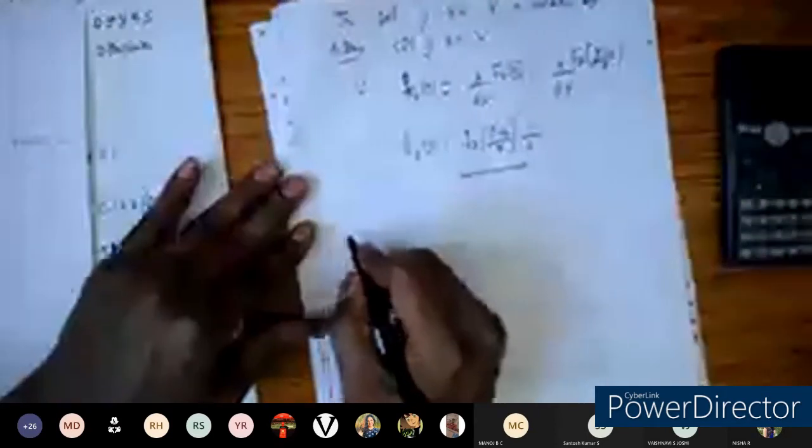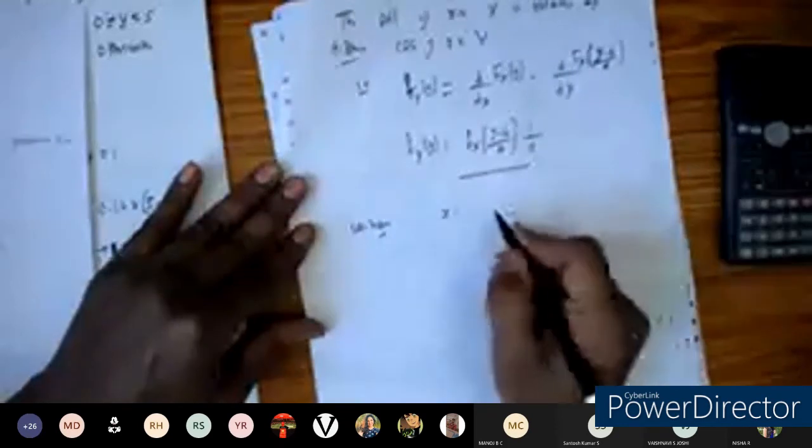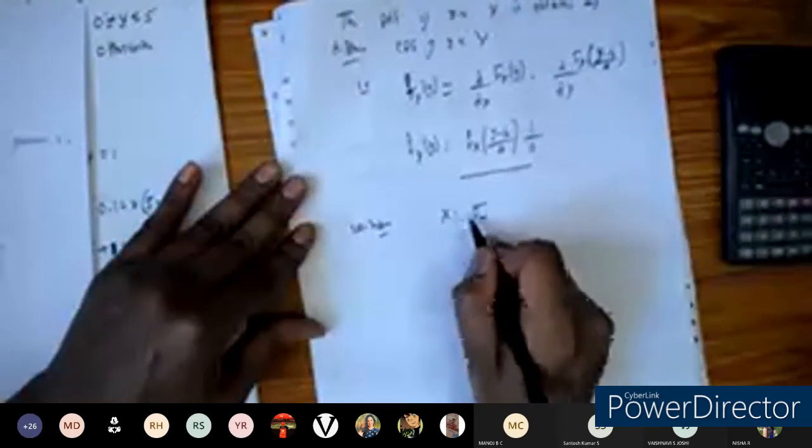Somewhere in the previous problems we have solved this concept by using the transformation of variables. The random variable x we are going to express in terms of its mean, x equal to sigma x into z plus nu x. This problem we have already seen in some previous classes.